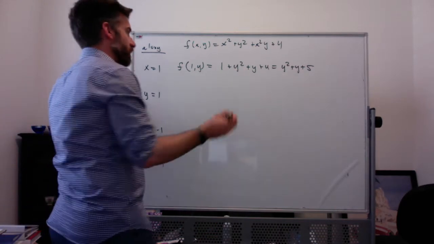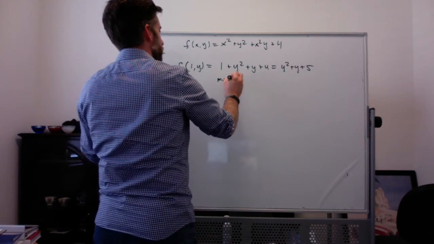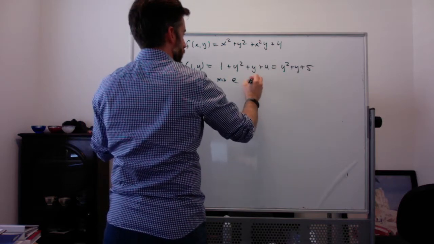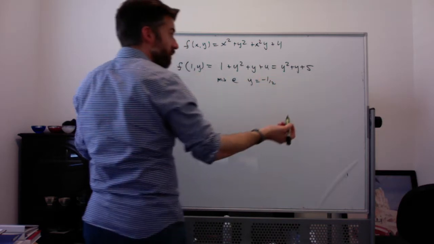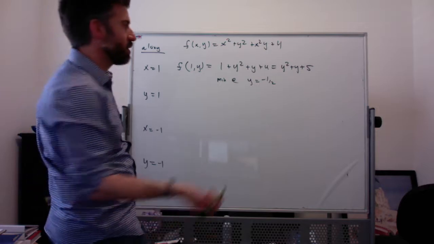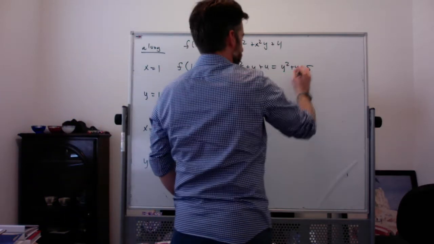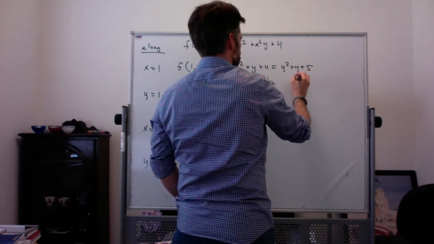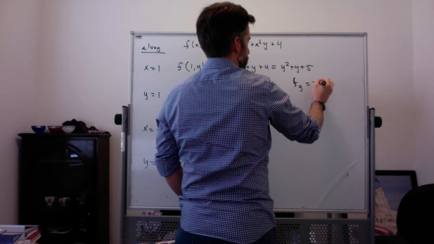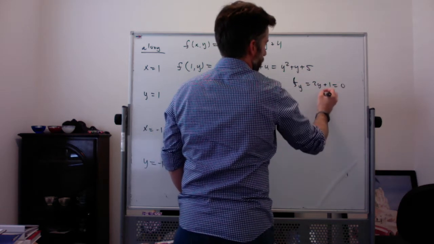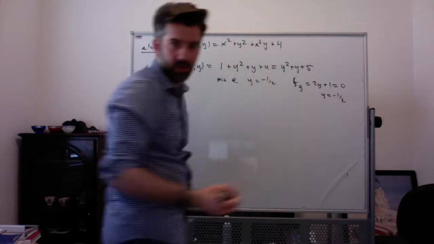So it's a parabola, it's going to have a minimum value at y equal to -1/2, because that's where the vertex is. Or you could take the derivative here: f y equals 2y plus 1, so that equals 0, so y equal to -1/2.